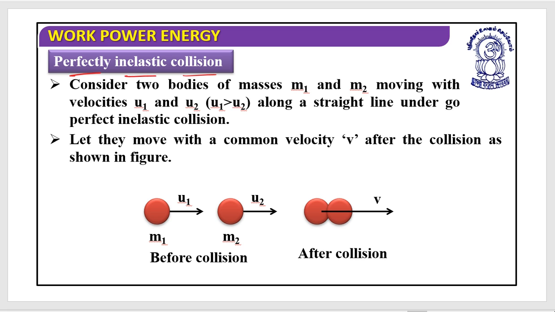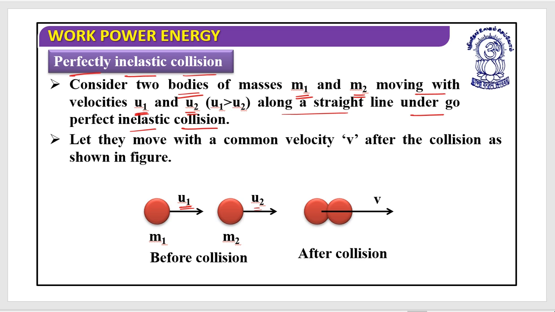Let's suppose the situation is that two bodies are there having masses m1 and m2, moving with velocities u1 and u2, such that u1 is greater than u2, because we ensure that a collision must occur along a straight line, and they undergo perfectly inelastic collision.